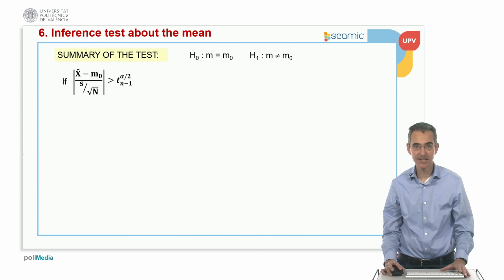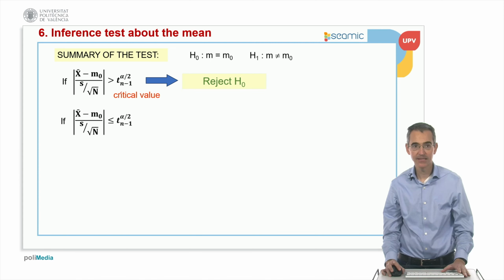Good. Well, the summary of the test is the following. Null hypothesis: m equal to a specific value, versus the alternative hypothesis: m different. If in absolute value this computed statistic is higher than the critical value that we read from the student's t-table, we will reject the null hypothesis, and if the absolute value is less than the critical value, we cannot reject the null hypothesis.